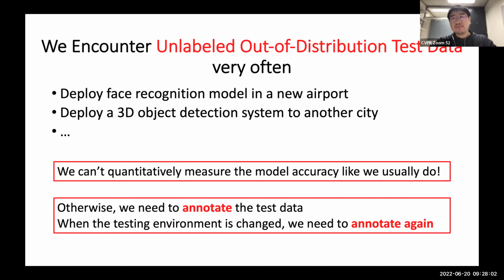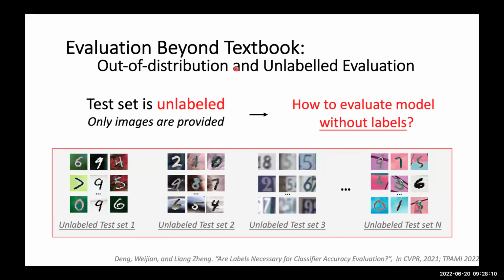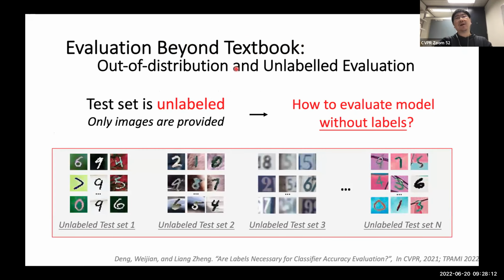Okay. So what we want to do is evaluation beyond the textbook: out-of-distribution and unlabeled evaluation. Suppose our test set is unlabeled. That means we are only provided with images, test images.